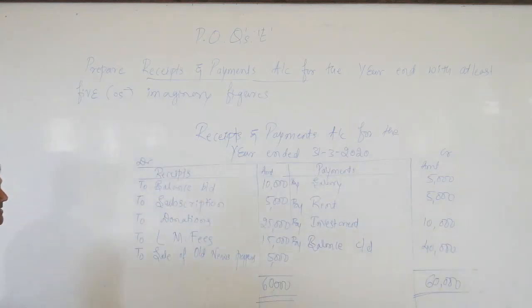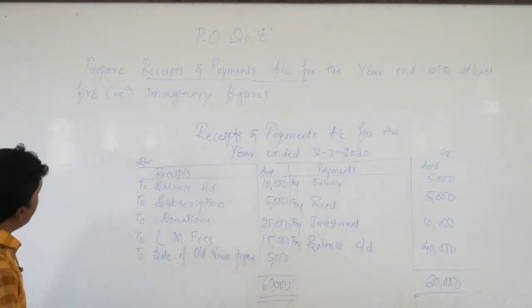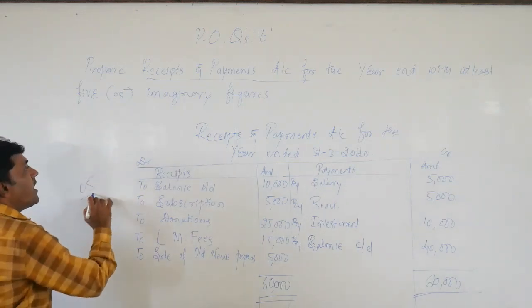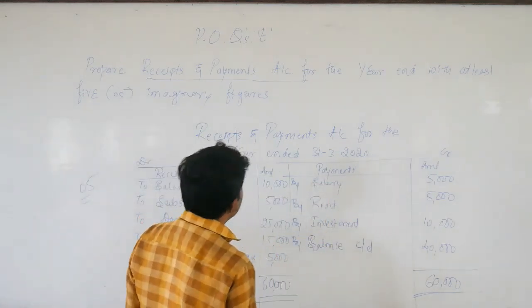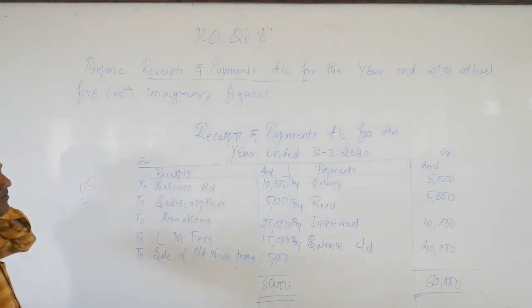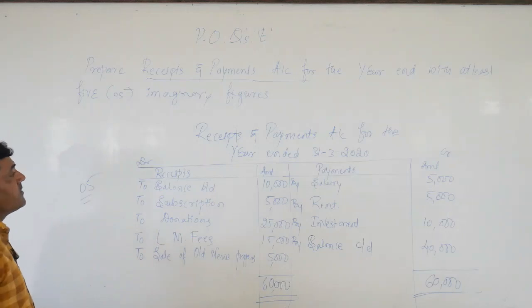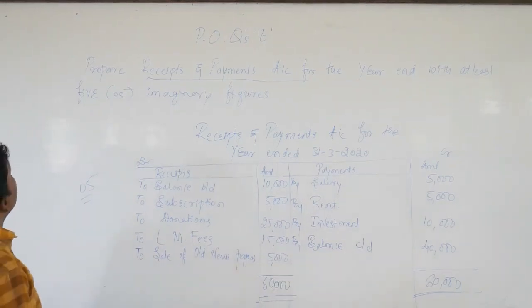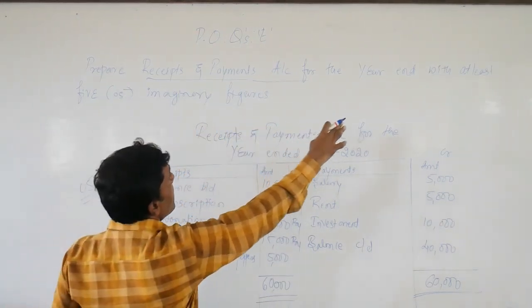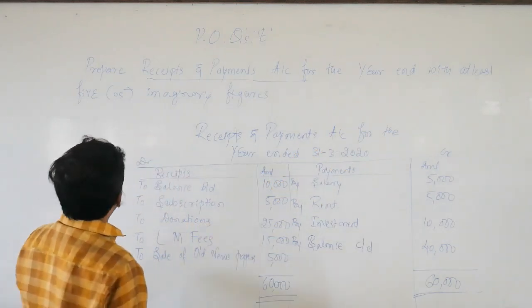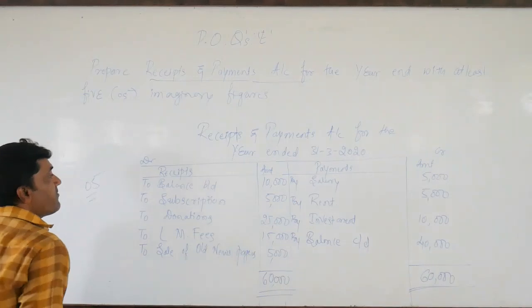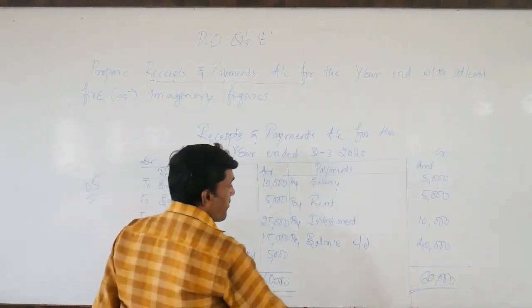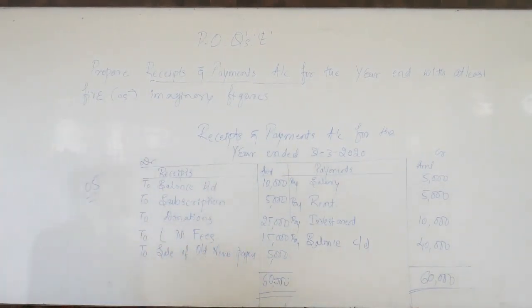By solving this only, you can get 5 marks under practical oriented assignments for preparing the receipts and payments account, which I have prepared with my own imagination. They have asked to prepare receipts and payments account for the year ended with at least 5 imaginary figures. Here I have mentioned more than 5 items. You ascertain the closing cash balance, and with this you can get 5 more marks.